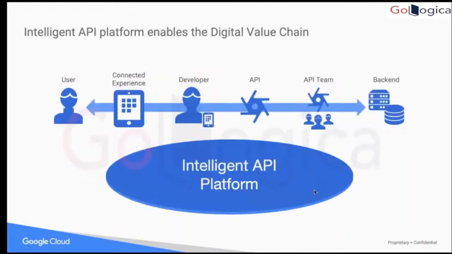Apigee talks a lot about, or even the marketing or pre-sales people from Apigee talk a lot about, something called the digital value chain. The digital value chain basically means you have a backend. From the backend you build an API or a microservice.